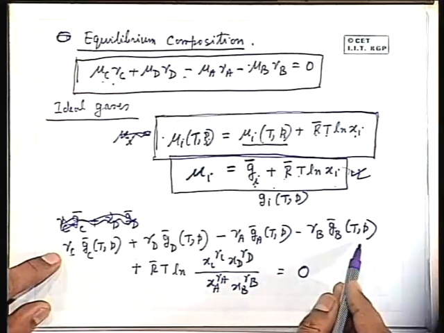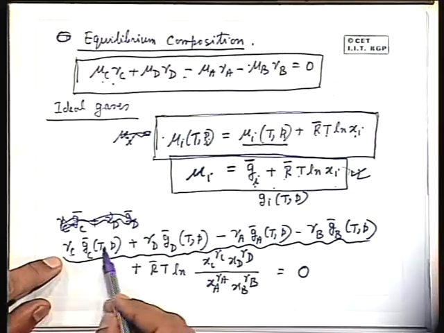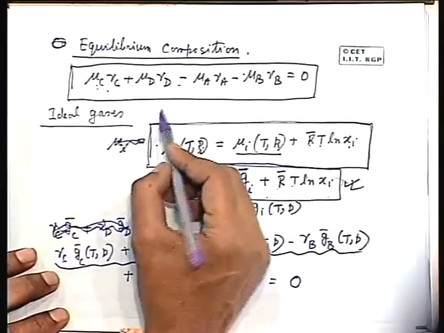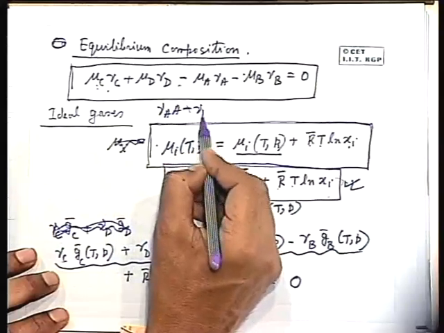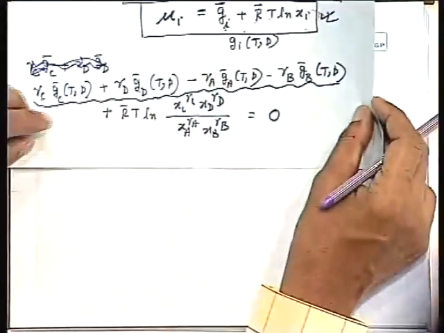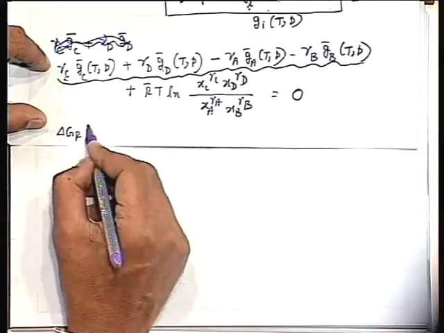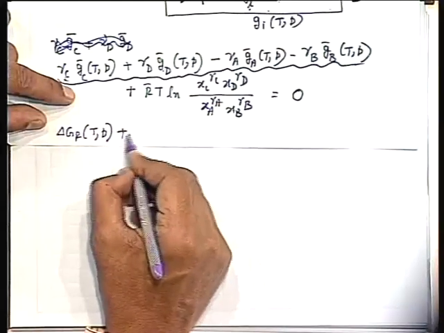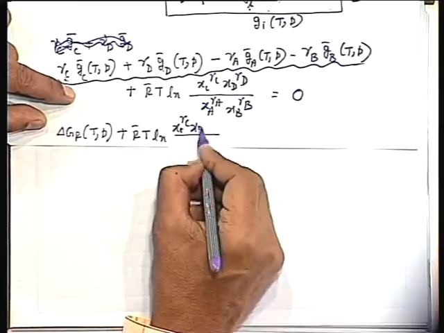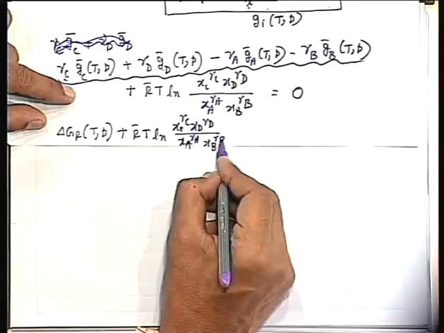This part makes this. Now this is nothing but the change in the Gibbs function due to chemical reaction at T and P, because it is the Gibbs function of the products minus the Gibbs function of the reactants, for a reaction gamma A plus gamma B going to gamma C plus gamma D. If we just express this part as delta G R at T and P, then we can write plus R bar T ln, again I repeat, xc to the power gamma C, xd to the power gamma D, xa to the power gamma A, xb to the power gamma B, is equal to 0.